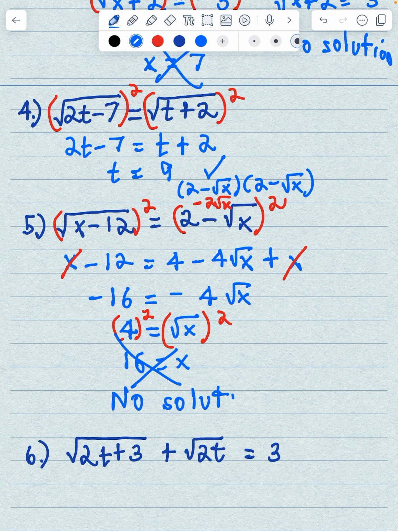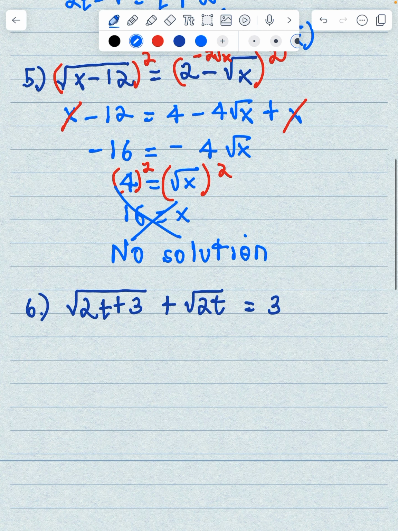And anytime that occurs, we have what's called an extraneous solution, like we did up in number 3. It's an extra solution that unfortunately is not valid in the original equation.